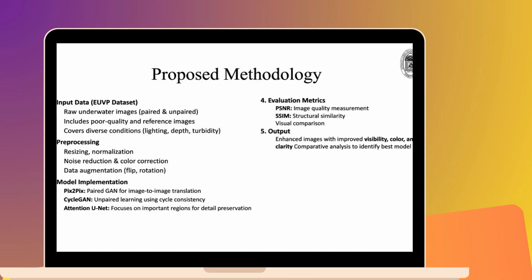First, we collect the underwater images from the EUVP dataset. Second, preprocessing is applied to standardize the images. Third, the three models are implemented and studied: Pix2Pix is used for paired image-to-image translation, CycleGAN performs unpaired image translation using cycle consistency, and Attention U-Net focuses on preserving important image regions. Fourth, evaluation metrics are calculated. Finally, enhanced images are generated and compared.